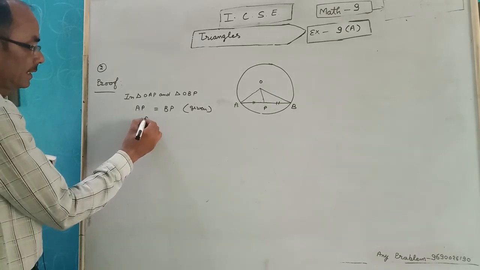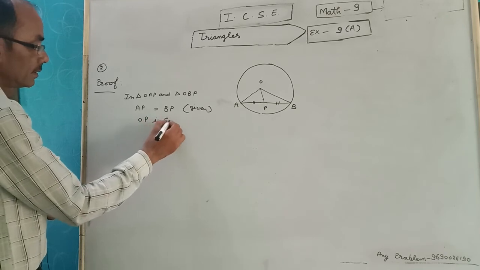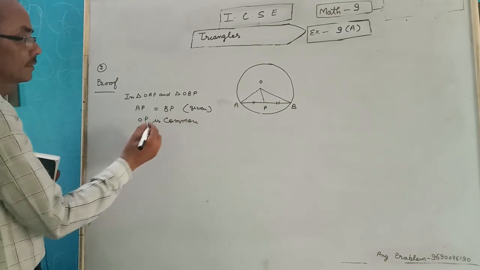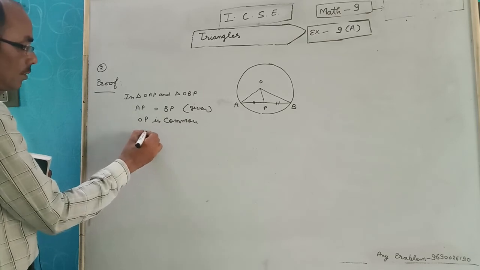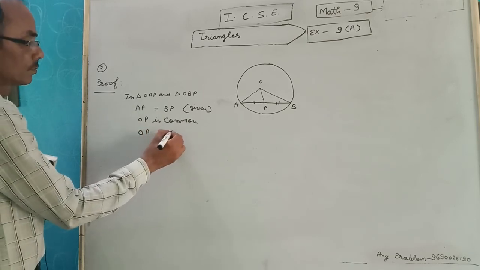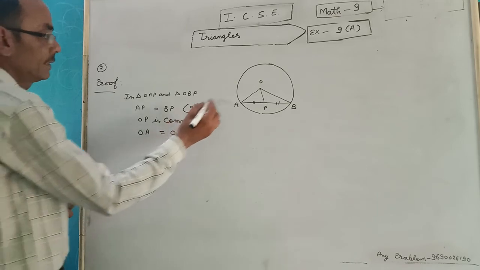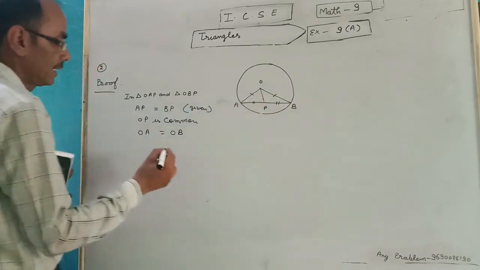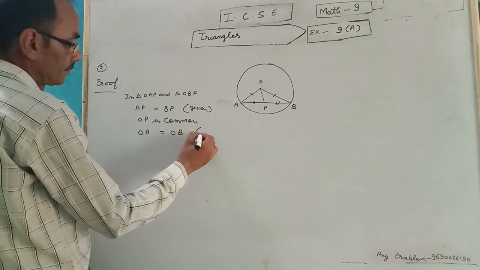OP is common. OA is equal to OB, both radii of circle.